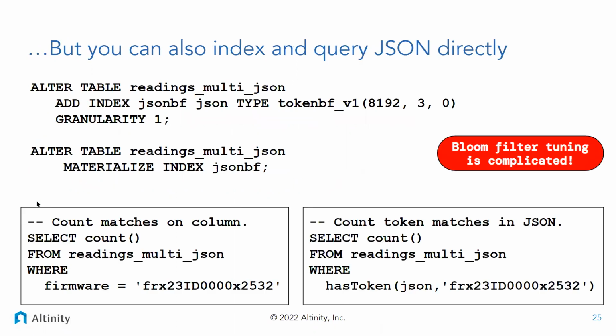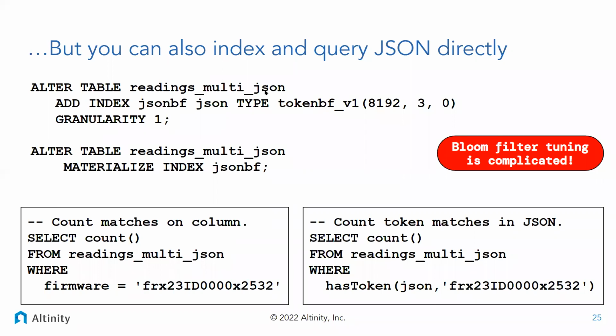So there's one other thing that's kind of interesting, and this is kind of an advanced trick that I have seen used successfully. You can query the column, but you can of course query the JSON data directly. You can even index it. And here's an example. So one of the tricks that I've seen used successfully is to actually take that JSON data type, which is just a bunch of JSON, and actually add a Bloom filter index on it.